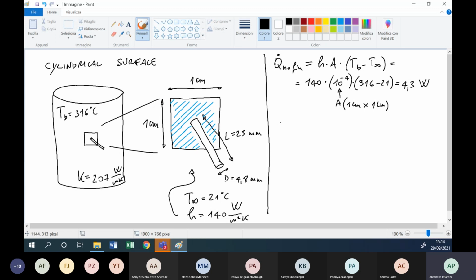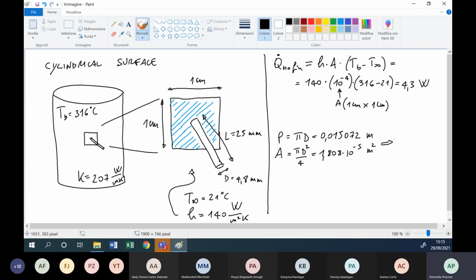I have to calculate the parameter as usual, P, the perimeter, and is equal to pi by D, 0.15072 meter. The area of the cross-section of my fin is equal to pi D squared divided by 4, and is equal to 1.808 by 10 to minus 5 square meters.